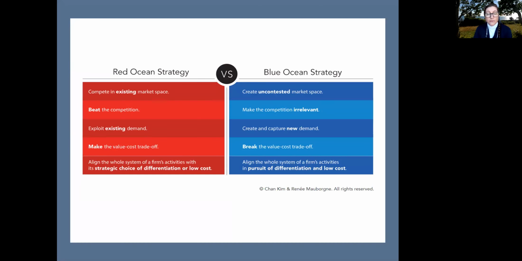So here I'm comparing what's referred to as red ocean strategy and blue ocean strategy, and this comes from Kim and Mauborgne. I'm definitely not pronouncing that correctly.